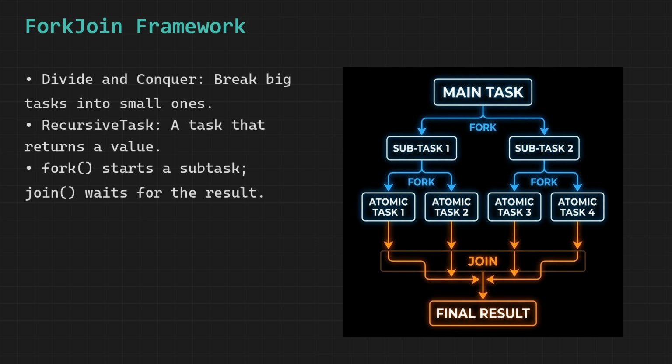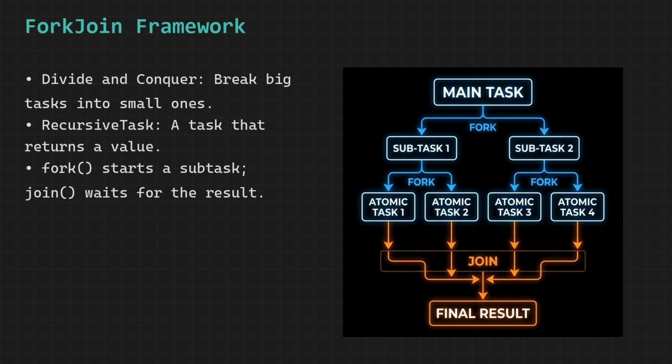The fork join framework is a powerful mechanism in Java that is specifically designed to handle very large and complex tasks by breaking them down into smaller and more manageable pieces so that they can be processed efficiently in parallel rather than trying to handle everything at once, which would be slow and inefficient, especially when dealing with massive datasets or computationally intensive problems.